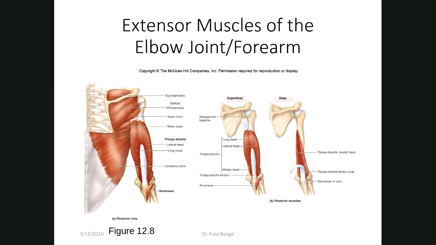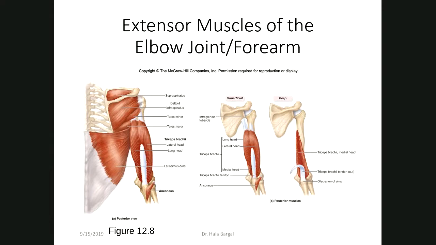Before we start the muscles of the arm, please write this rule. All the muscles of the anterior compartment of the upper limb are flexors, while muscles of the posterior compartment are extensors. The extensor muscle at the back we call triceps brachii.